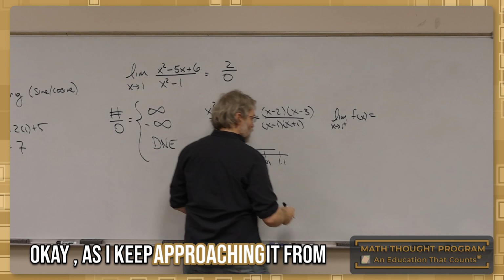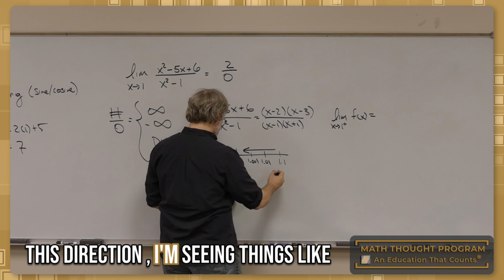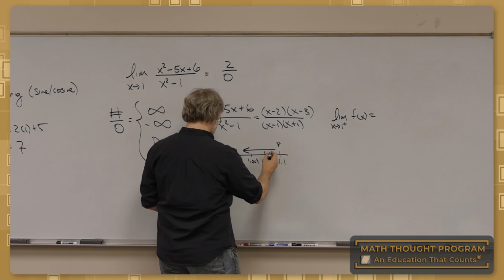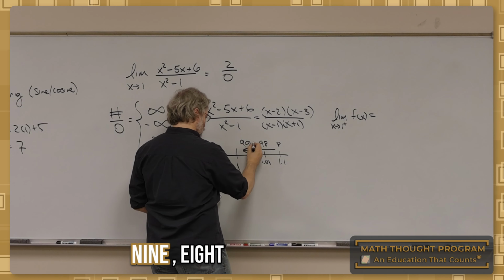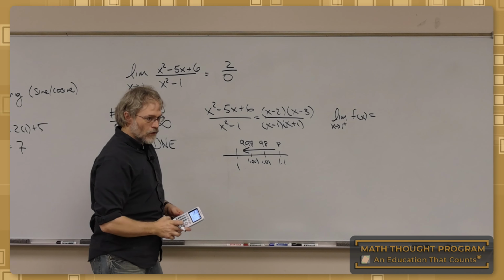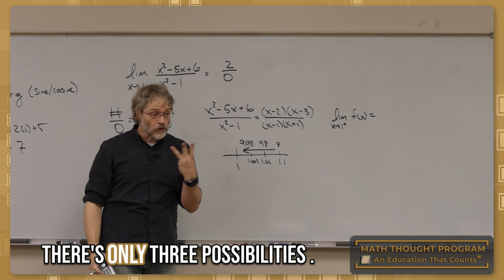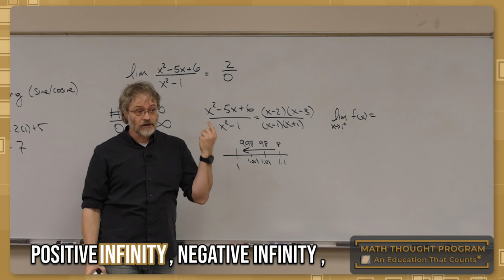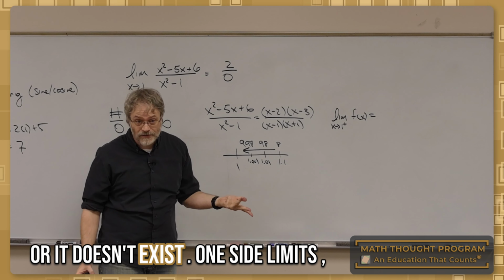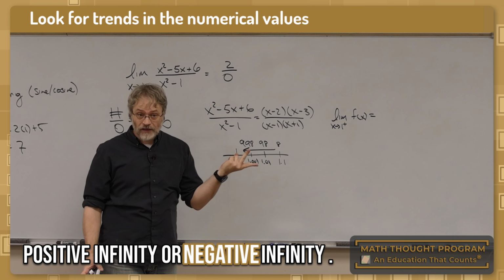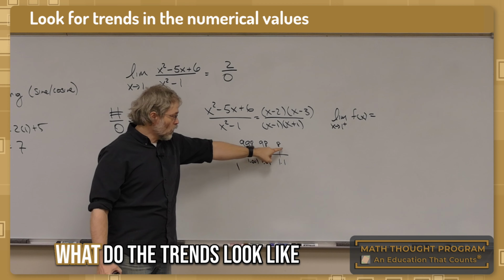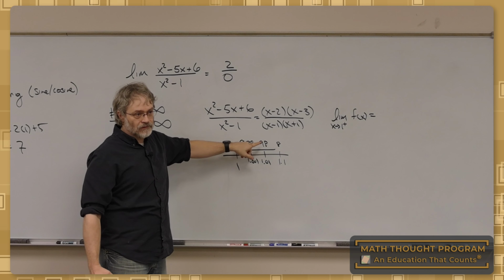As I keep approaching from this direction, I'm seeing things like 8, then 98, and then 998. I know there are only 3 possibilities: positive infinity, negative infinity, or it doesn't exist. With one-sided limits, you're always going to have 2: positive infinity or negative infinity. What do the trends look like?